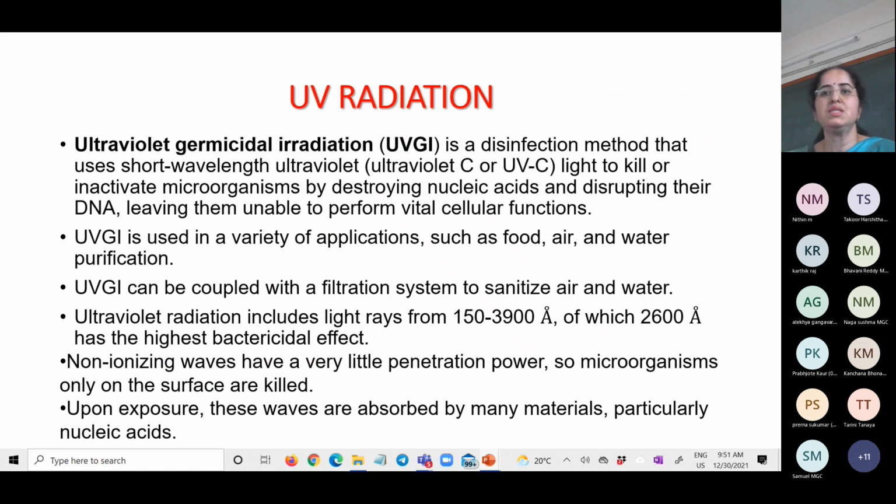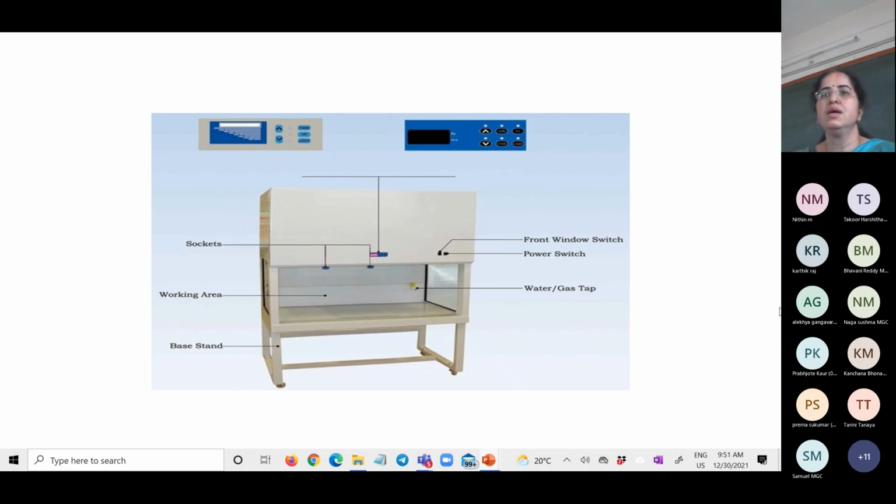Now we will see there is one more point: this ultraviolet germicidal irradiation can be coupled with the filtration system. This point also we have discussed. Like here our laminar flow, the high efficiency particulate filter is there in this instrument and UV light is also there.